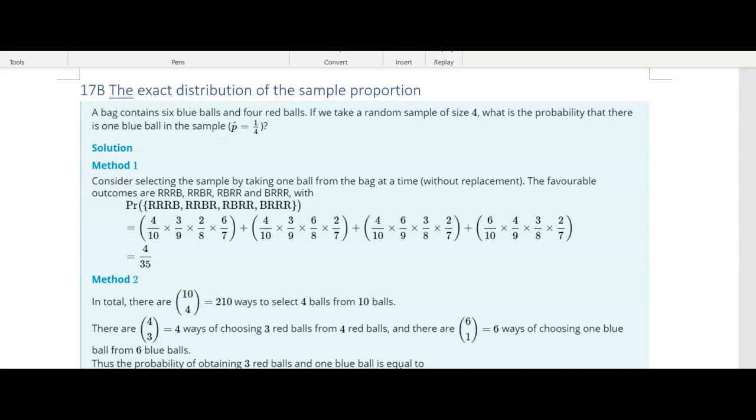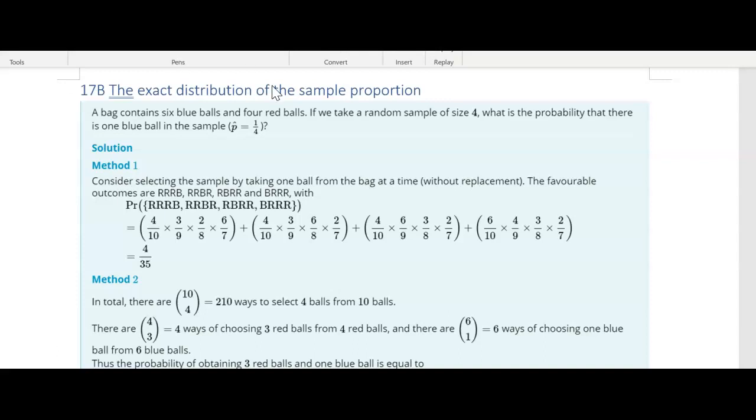A bag contains 6 blue balls and 4 red balls. If we take a random sample of size 4, okay, I was thinking the ball size was 4. If we take 4 balls, what is the probability that there is 1 blue ball in the sample?